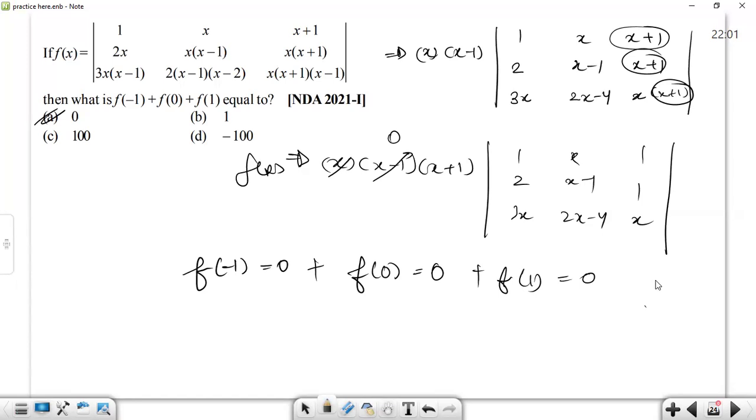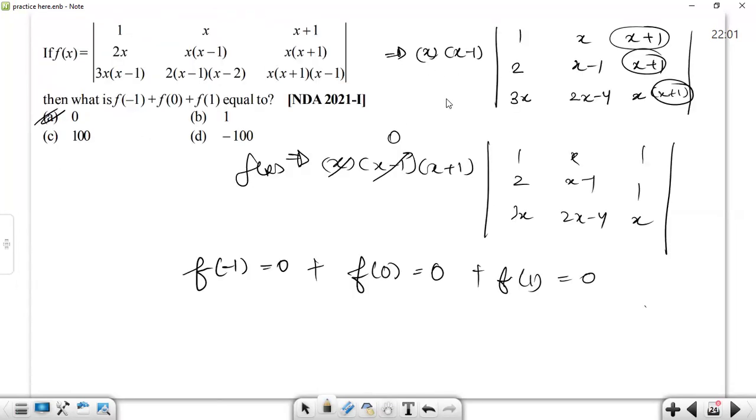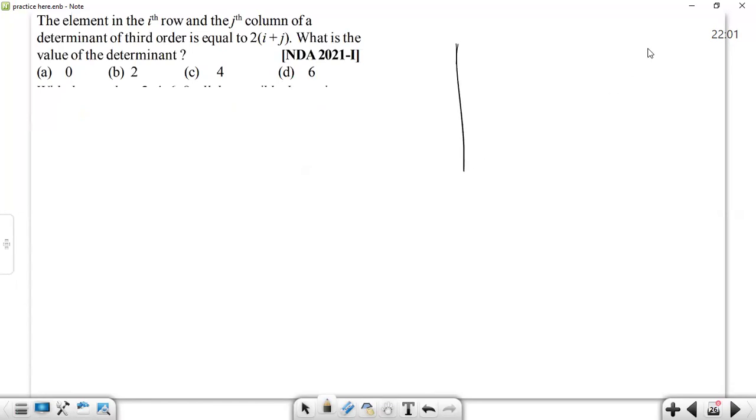Yes, sir. Okay. Consider the element in the ith row and the jth column of a third order determinant, a 3 by 3 determinant. Let's assume i is 1 and j is 2.